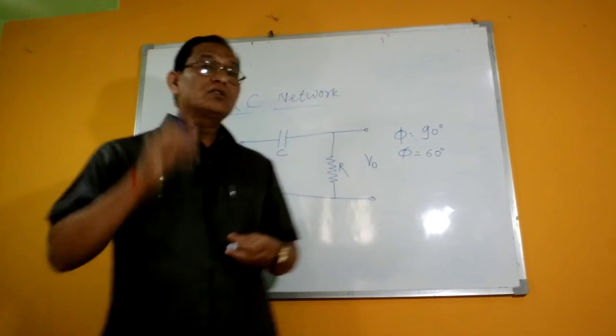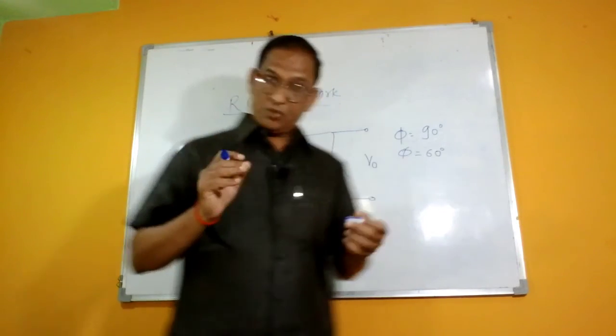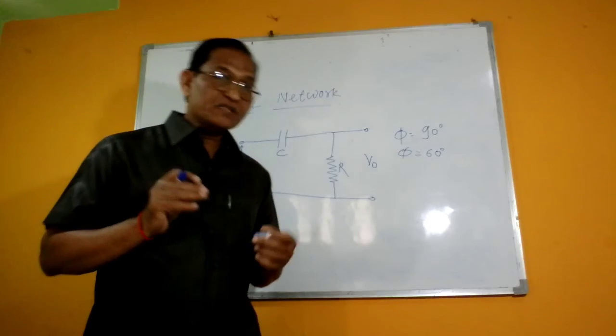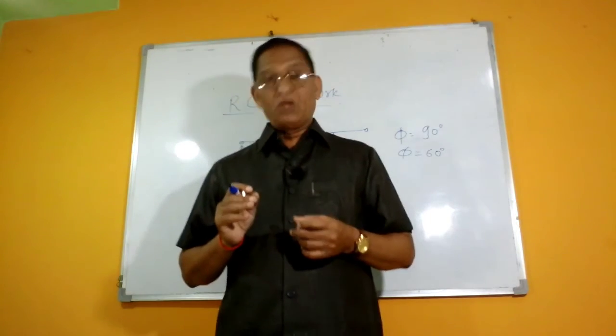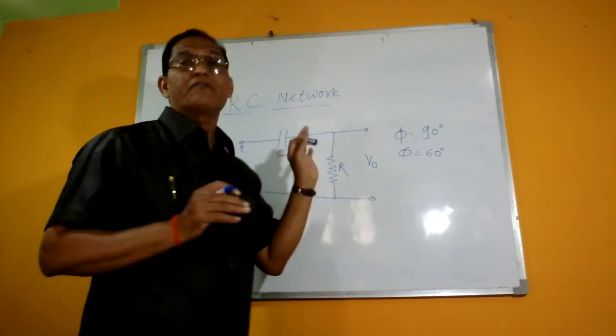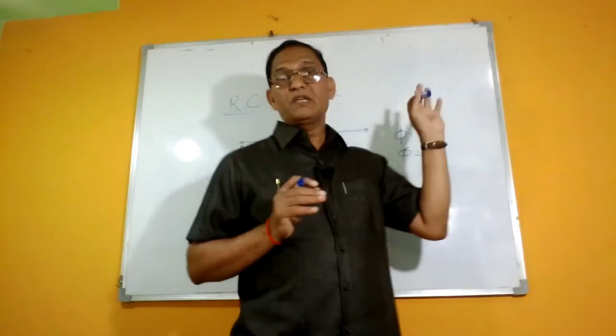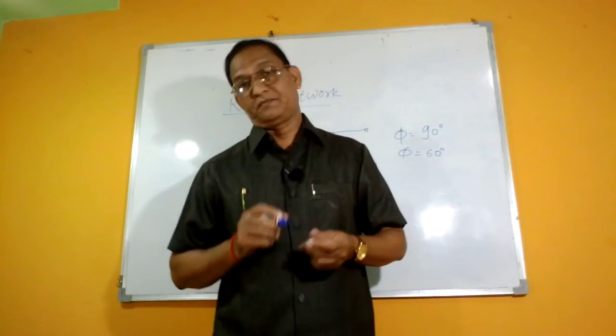In this way, to obtain sustained oscillations and to satisfy the Barkhausen criterion, we get the correct phase shift, and the feedback given to the tank circuit will be in phase.